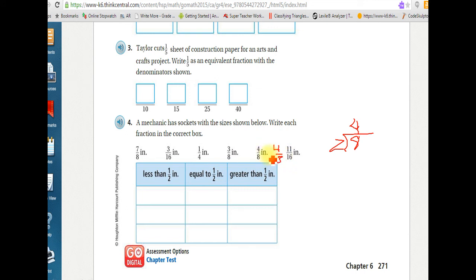Well, obviously 4/8 is equal to 4/8. They're exactly the same, and we used our benchmark. Half of 8 is 4/8, so this would go into the it's equal to 1/2. Okay, so we did this one, we did this one, and we did this one. I'll let you do the other 3 on your own, but you can use the exact same strategy.